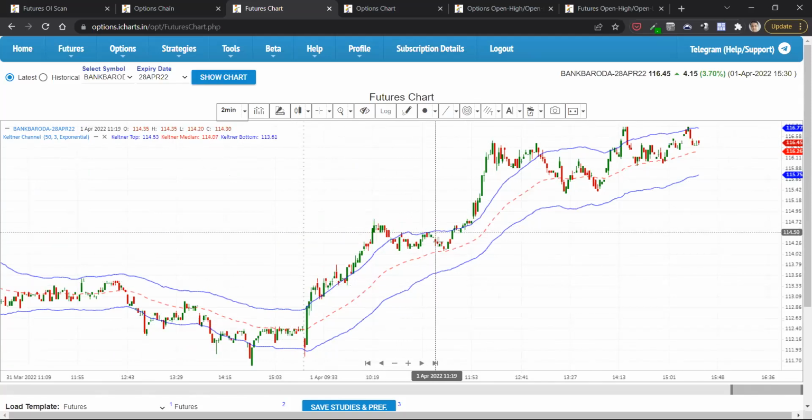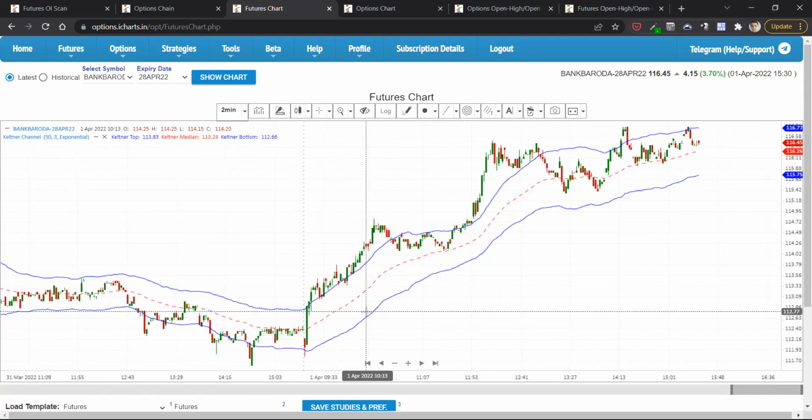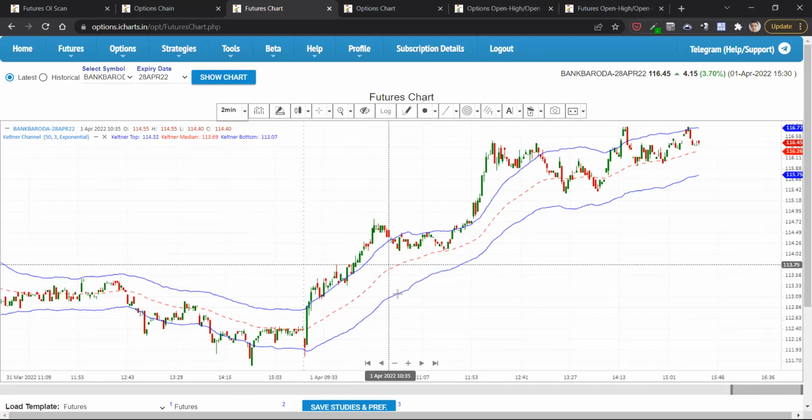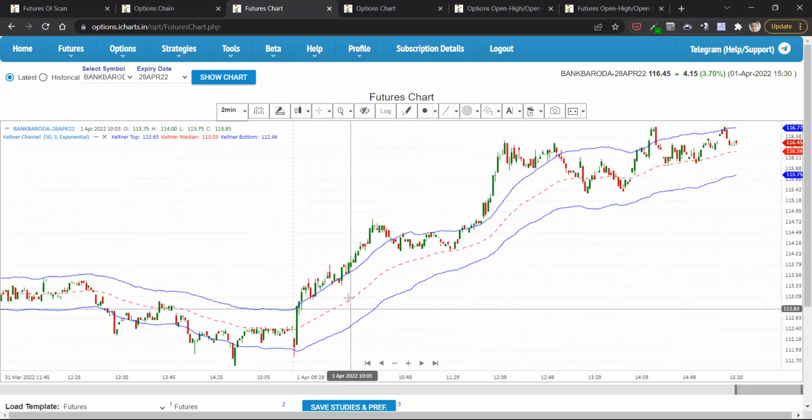It should be perfectly fine. Perfectly fine in the sense that if you take that loss, it should be a very tiny loss compared to your equity. Once you do that, the tension will not be there. That is one, if you are trading futures.